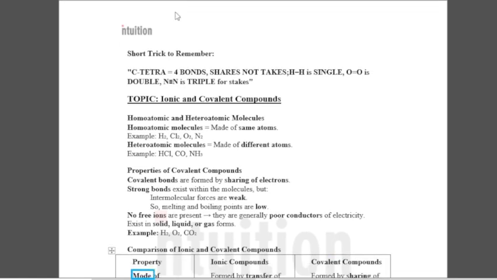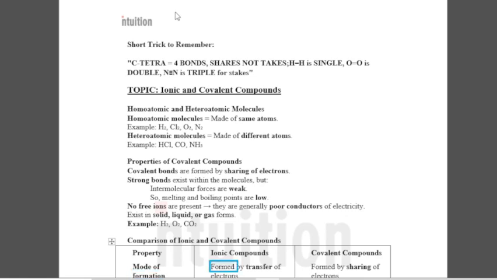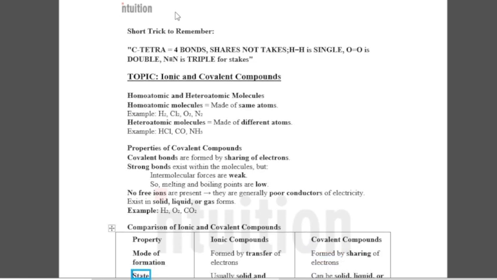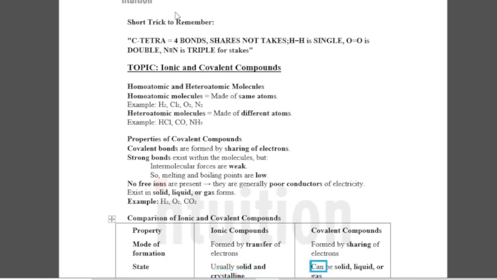Mode of formation: ionic compounds are formed by transfer of electrons, covalent compounds by sharing of electrons. State: ionic compounds are usually solid and crystalline; covalent compounds can be solid, liquid, or gas.